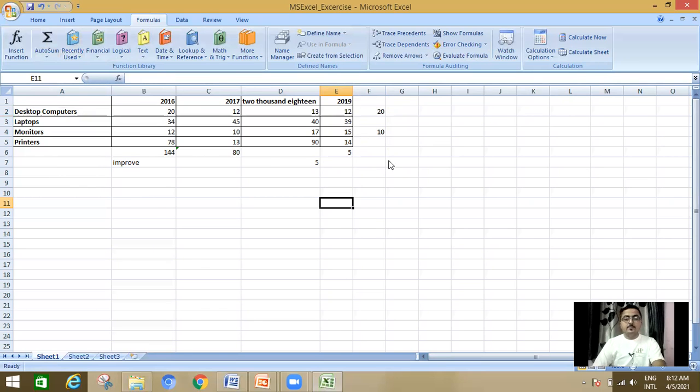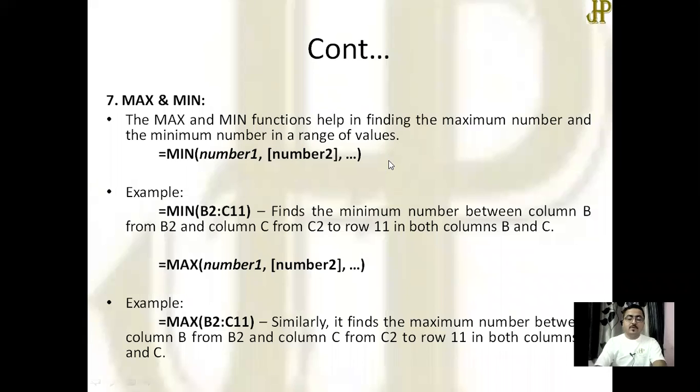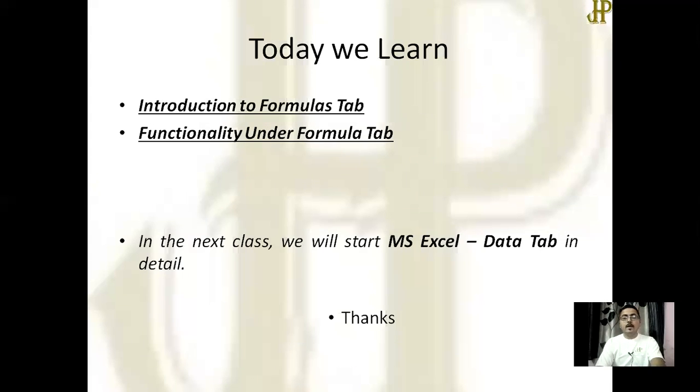So I think the basic functionality and how to use it is very clear to you. That's all for today. Today we learned about the formula tab, what it is, and some functionality under the formula tab. In the next class, we will start the data tab in detail. Thank you so much.